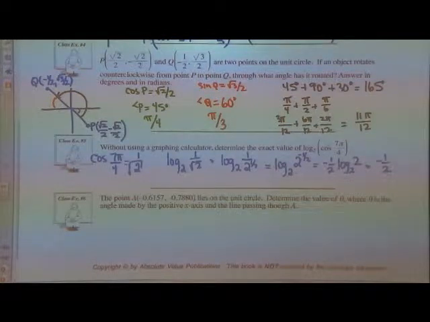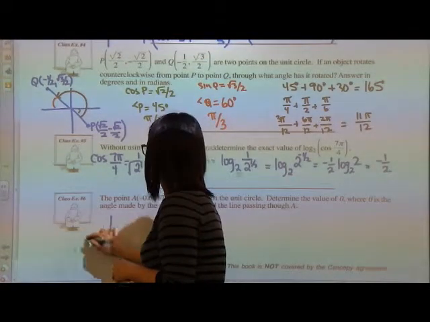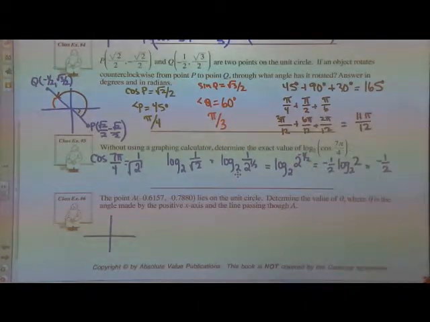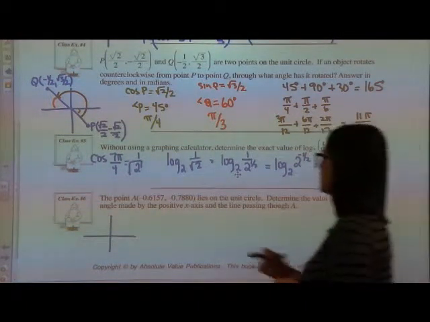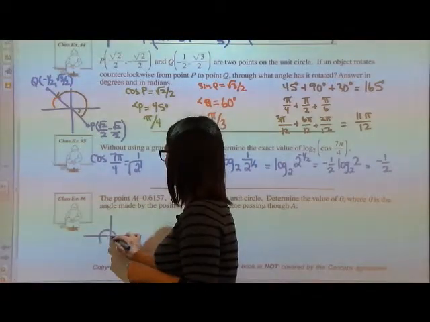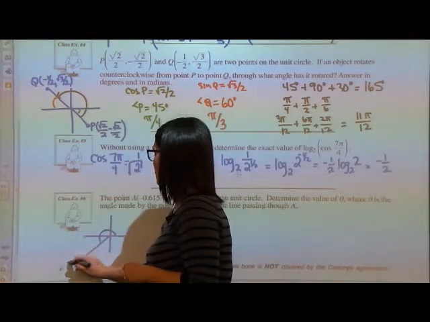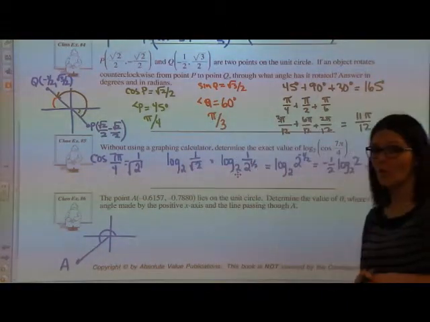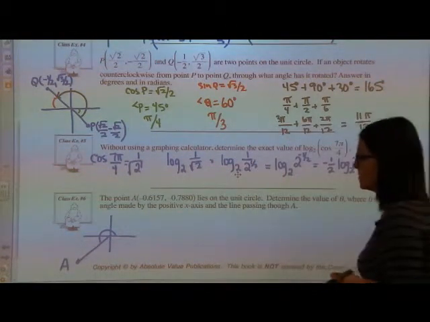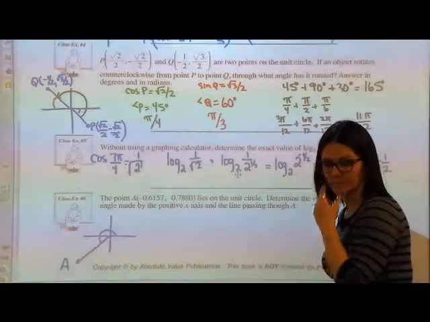Okay, I'm going to finish this last example. Point A lies on the unit circle. Determine the value of theta, where theta is the angle made by the positive x-axis and the line passing through A. What quadrant is A in? Quadrant 3. So I want to know what this angle is. How do I do that?